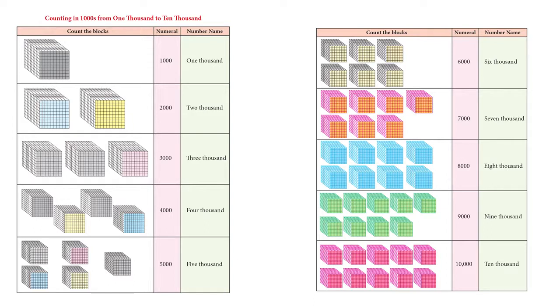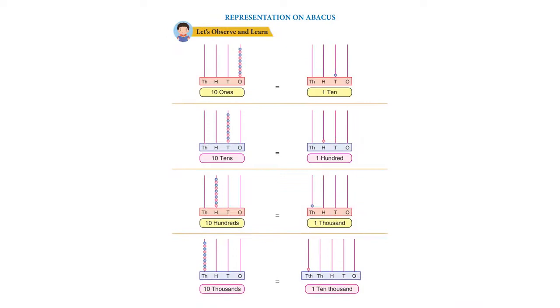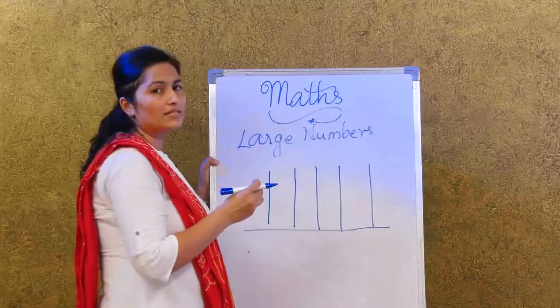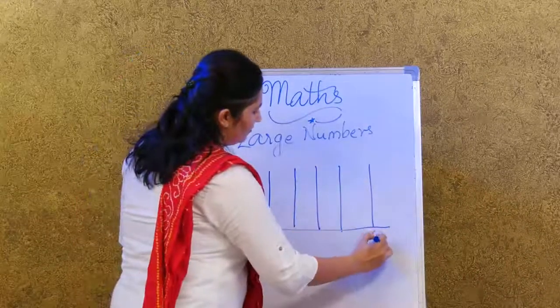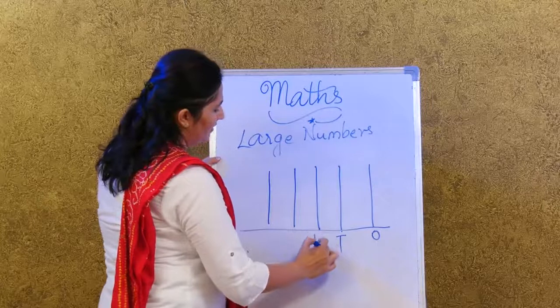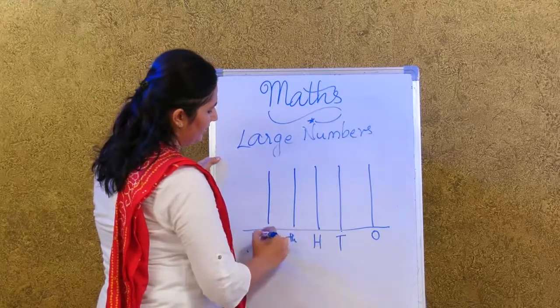Take a look on the screen, page number 52 and page number 53. So, it is a rod system or a bead system. So, this is ones, tens, hundreds, thousands and 10,000s.